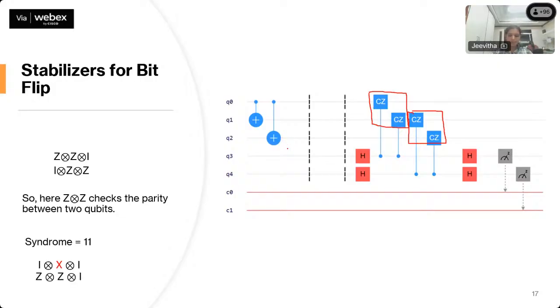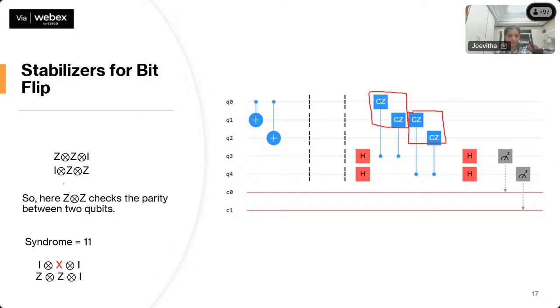So I can take an example. Let's take the syndrome measurement. Whatever you got is 1 and 1. According to the syndrome table, if it is 1 and 1, an X error has occurred in the second qubit. When you multiply it with the stabilizer, you can pick any of the stabilizers. But if a state belongs to the code space, it has to be stabilized by all the stabilizers, not just one.